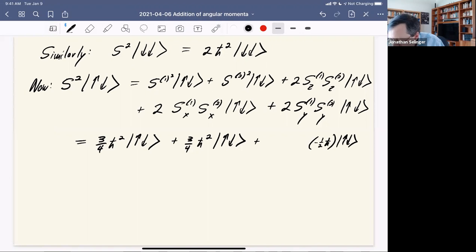Because up, down is an eigenstate of S2z, and the eigenvalue is negative a half h bar. Then when S1z comes along and acts on this thing, it multiplies by positive a half h bar because it cares about the first spin. And this all is multiplied by 2.